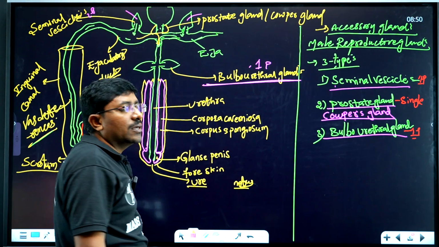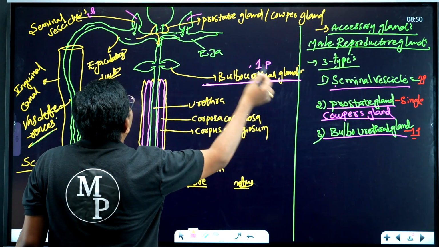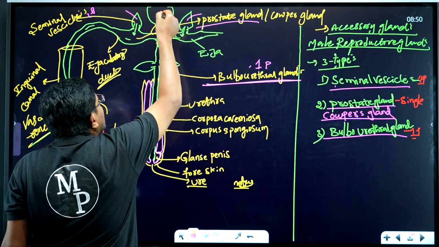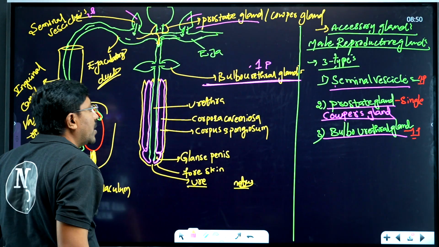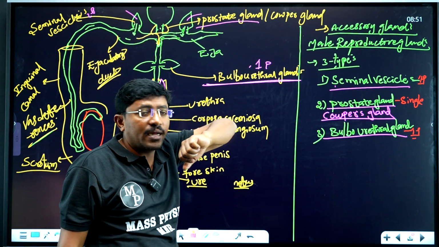Next, the unpaired gland: this is the prostate gland, present posterior to the urinary bladder.